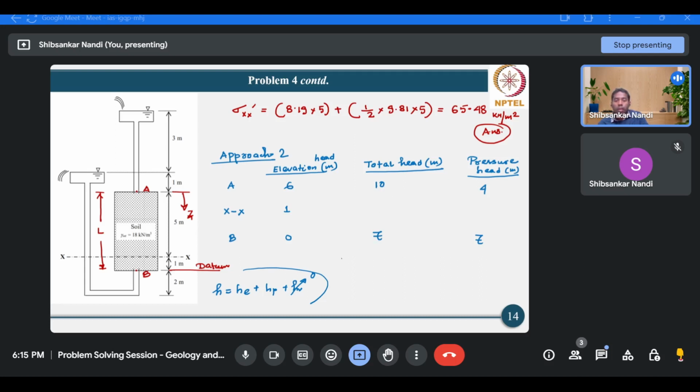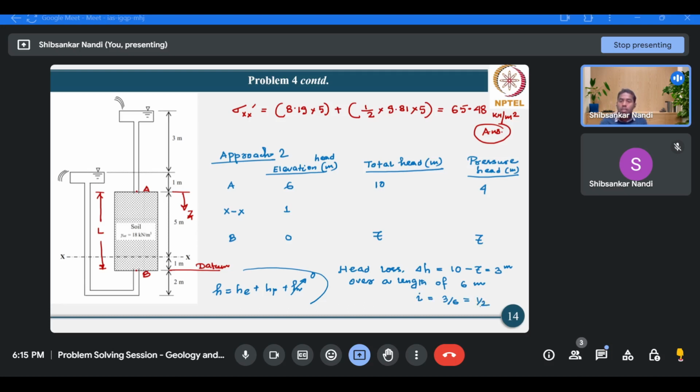Therefore the head loss, delta H, is basically 10 minus 7, that is 3 meter, and this head is lost over a length of 6 meter. So your hydraulic gradient i is nothing but 3 by 6, that is half.